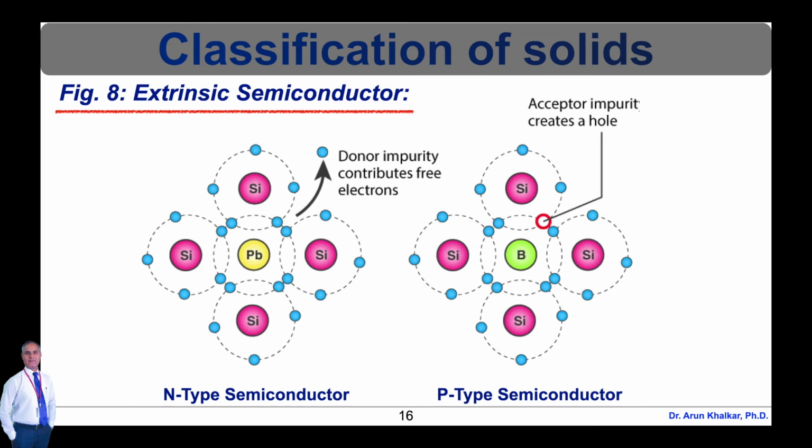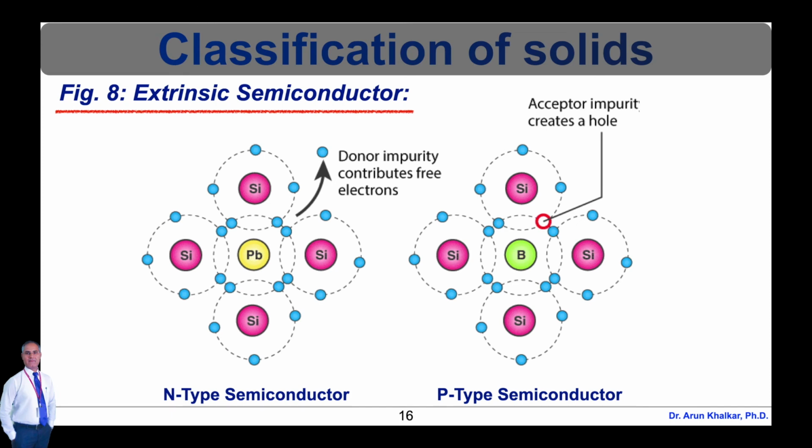When a pure semiconductor, let's say silicon or germanium, is doped by a pentavalent impurity like phosphorus, arsenic, bismuth, etc., then 4 electrons out of 5 valence electrons bond with the 4 electrons of germanium or silicon. The 5th electron of the dopant is set free. Thus, the impurity atom donates a free electron for conduction in the lattice and is called a donor.